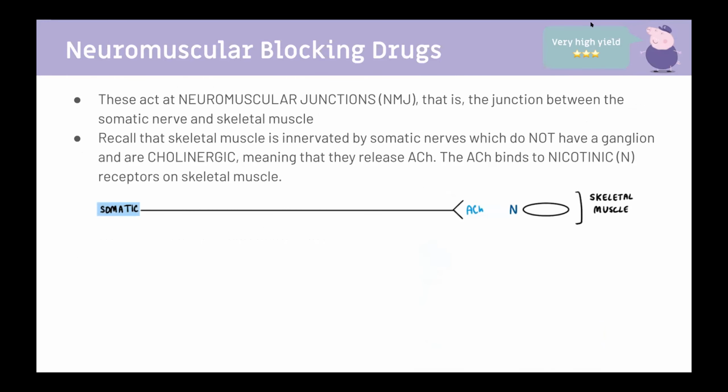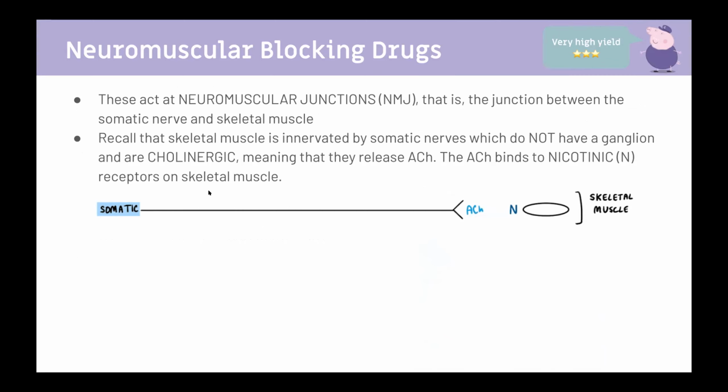All right. Then for neuromuscular blocking drugs: these are the drugs you'll be learning about which act on somatic cholinergic nerves. Remember, S for somatic, and also S for skeletal muscle. So it's going to be innervating your skeletal muscle.